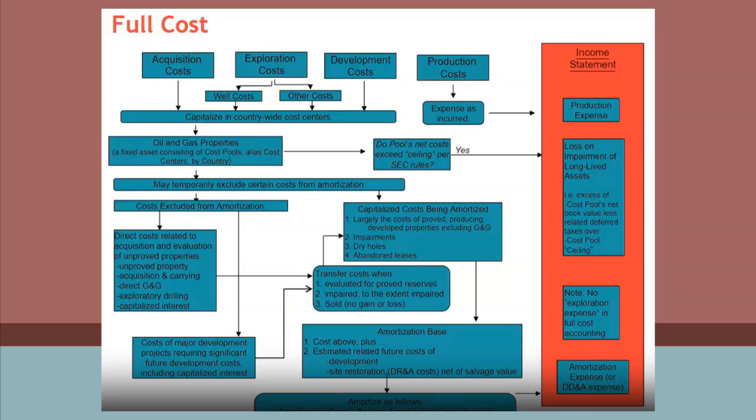But just keep in mind, as this chart is showing, that most of these costs are capitalized until you get to the production phase, and then as with successful efforts, full cost production costs, LOE, are expensed, so they hit the income statement in the period that they're incurred.